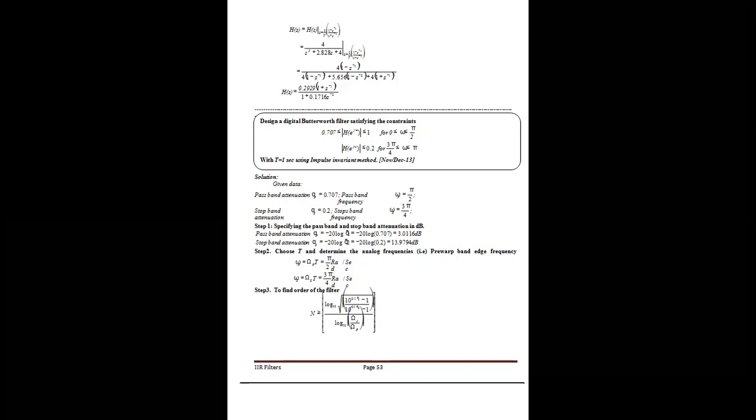Substituting all these values, 0.998 divided by 23.945, the final answer is that N should be greater than or equal to 3.924. That will be rounded off to the next higher value, so N is equivalent to 4. So the value of N is 4.